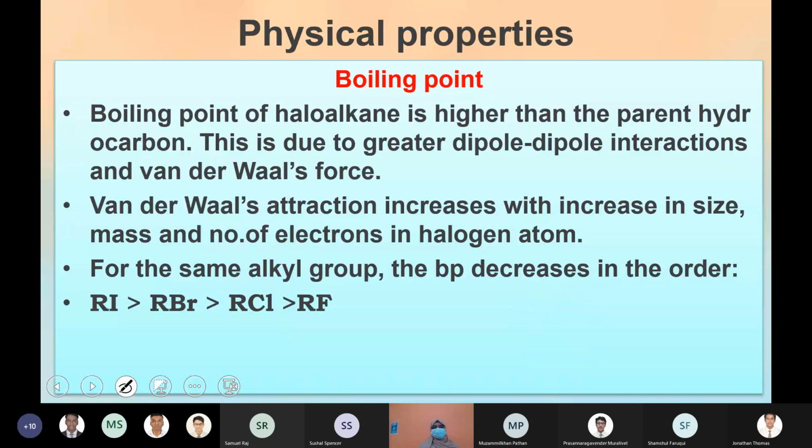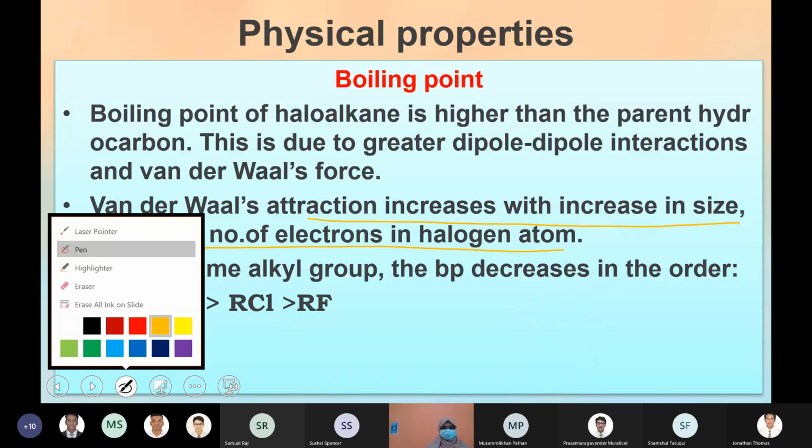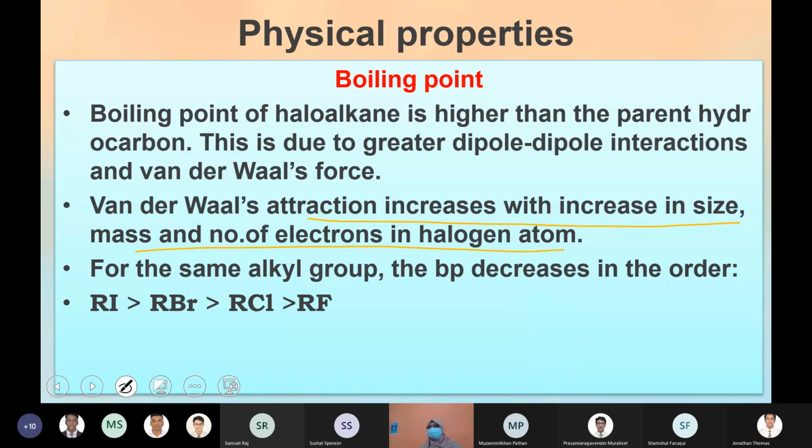The reason is already described here. So the effect of halogen makes a difference in the boiling point. Iodine, being bigger in size and containing more electrons, has more attraction due to van der Waals force.